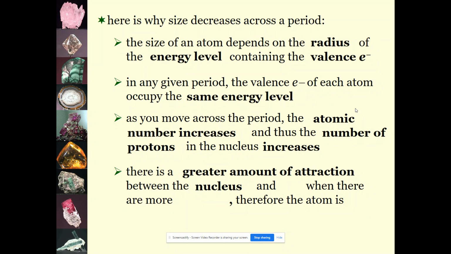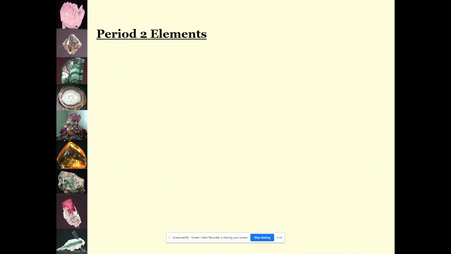So because there's now more positive charge in the nucleus, it can actually pull the valence level in closer to it. So the valence level gets pulled in, and that makes that electron cloud that makes up the volume of the atom become smaller and smaller as you're adding more protons, as long as the electrons are in the same valence level, which is what happens when they're in the same period.